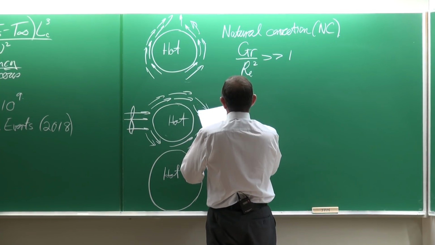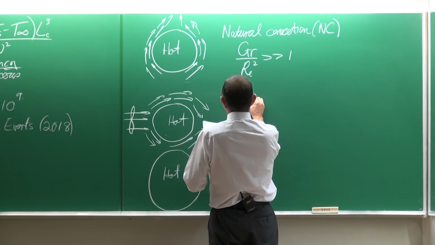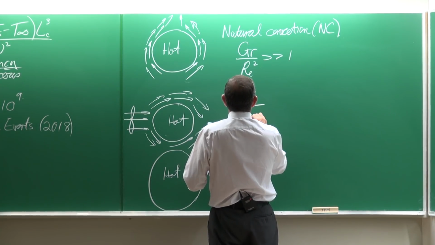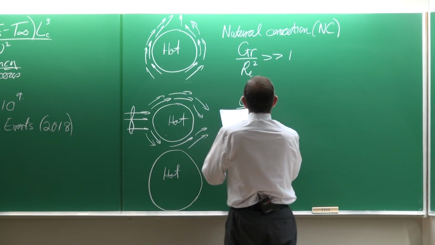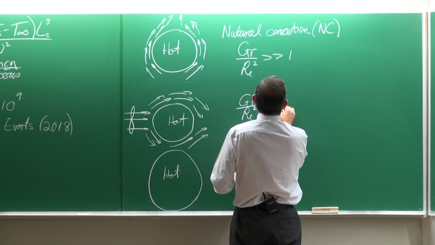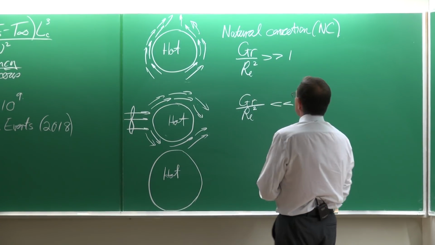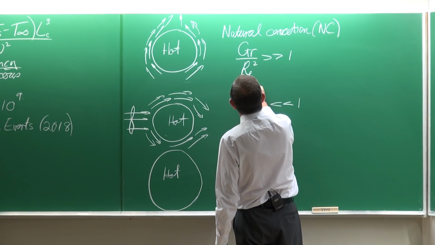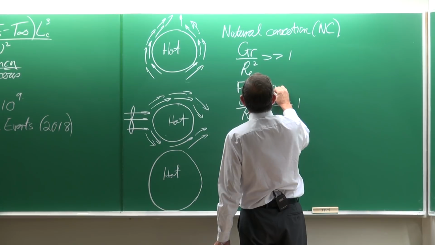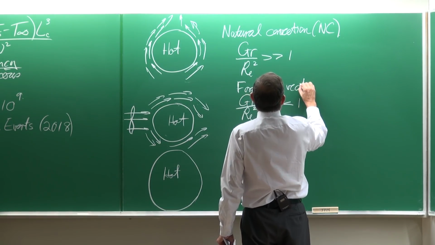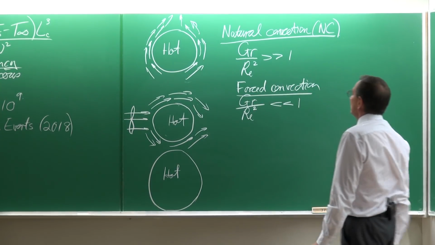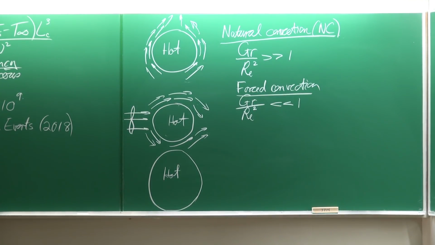And for these cases, the Grashof number divided by the Reynolds number squared would typically be much smaller than 1. This is known as forced convection. Natural convection and forced convection.